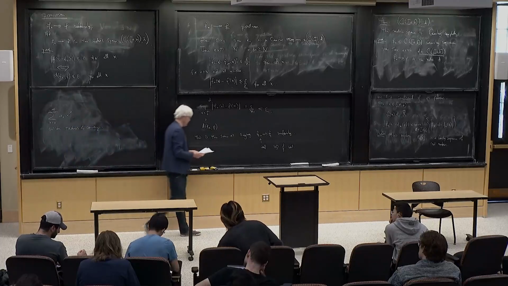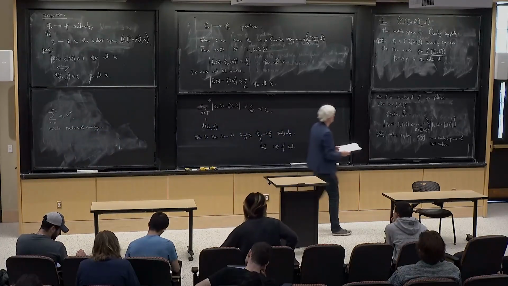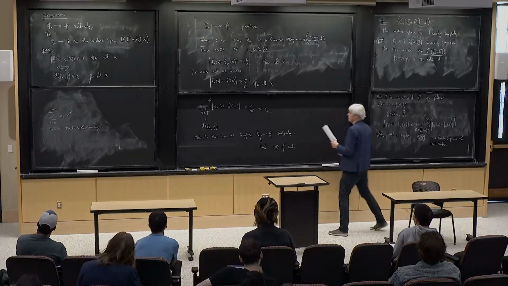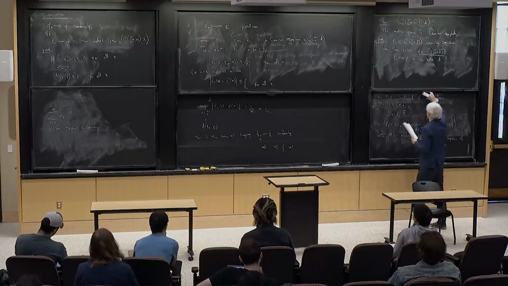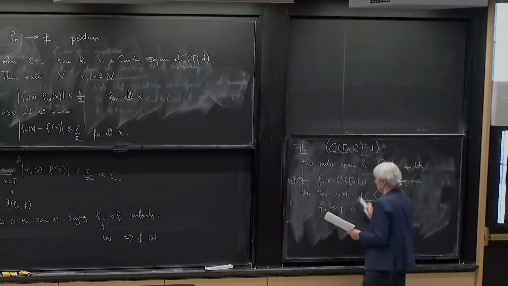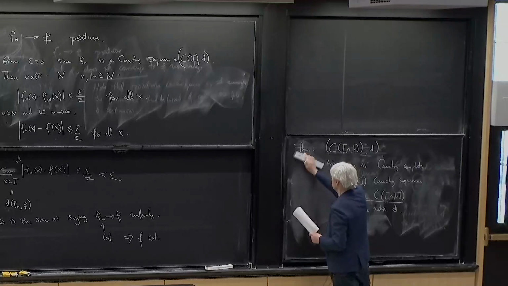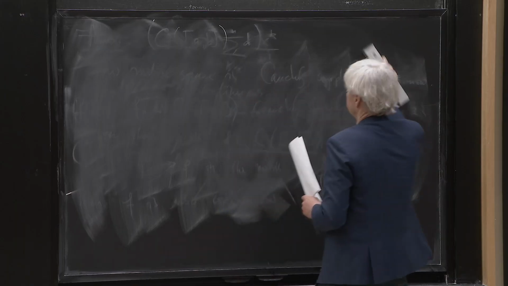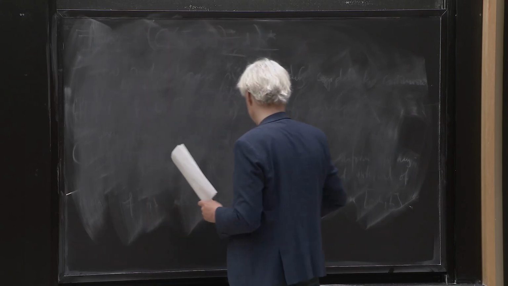And the answer is it's okay. Okay, and so let's see that. So we have two versions of this, one that deals with taking integrals, and another version that deals with taking derivatives.